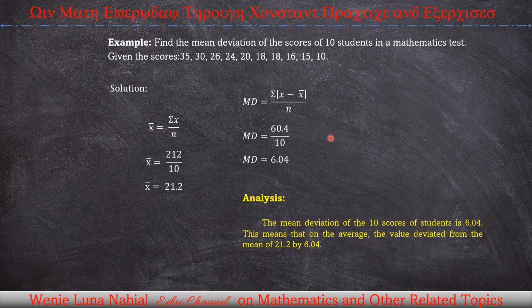So there's now a reference point, and in this case, the mean, and we get the value of deviation from the mean, which is 6.04.